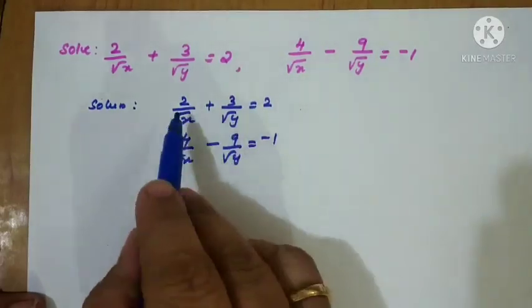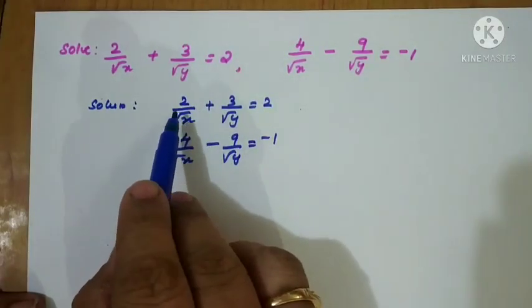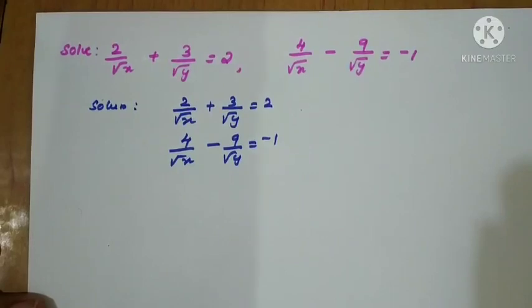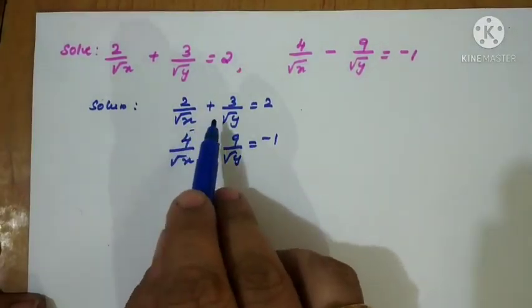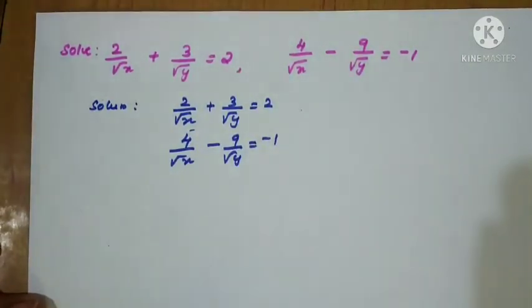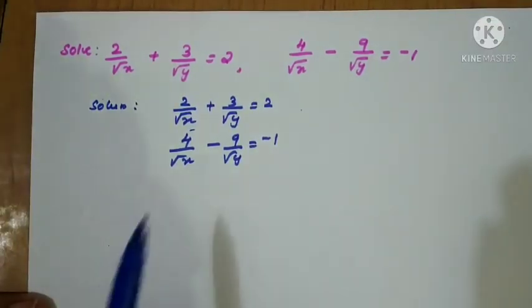Some may have a doubt about how we are getting 2/√x. It is 2 into 1/√x plus 3 into 1/√y. That is why we are taking 1/√x as u and 1/√y as v.